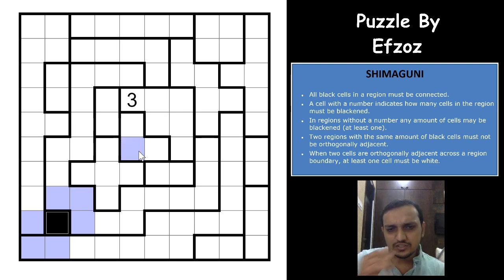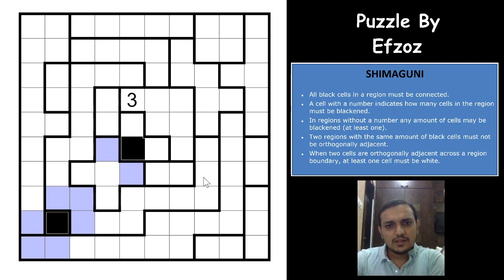And if I unshade this cell, which means it will have one shaded cell, either this or this, and in both the cases you will have a contradiction, because if you shade this cell, this region will have again one shaded cell, not possible. And if you shade this cell, this region will have one shaded cell. Excellent. Which means this cell would have to be shaded, and this will either be a 2 or a 1 shaded cell.